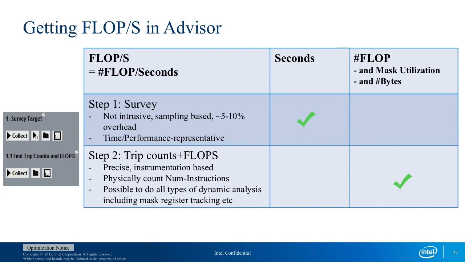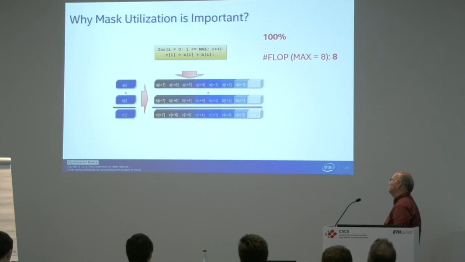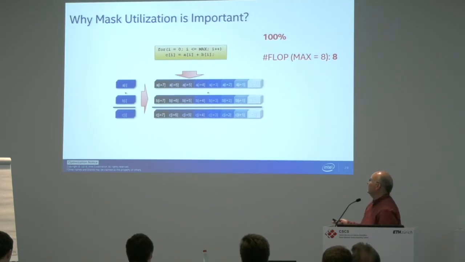So that's again the difference between survey and trip counts. What you can do here with survey is the seconds, and with trip count the flops and the trip counts. Mask utilization can be very interesting. When you compute with full vectors, everything is okay.